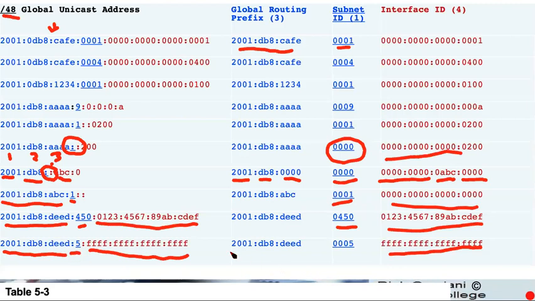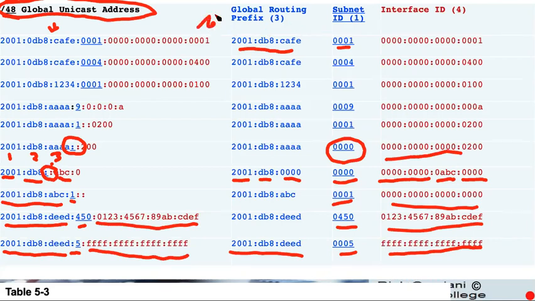There's the global routing prefix, and there's the subnet. Remember, the /48 is the global routing prefix. Most of the subnets that we're going to be subnetting are /64s.